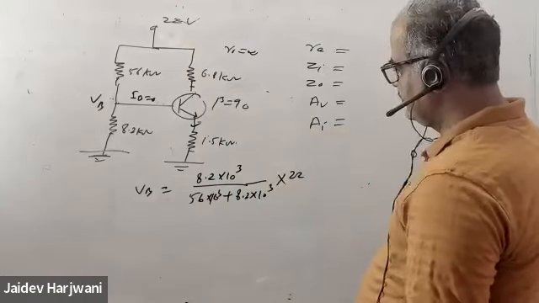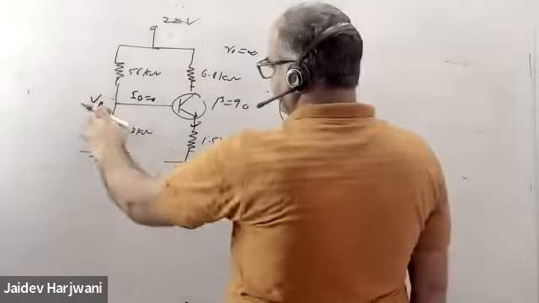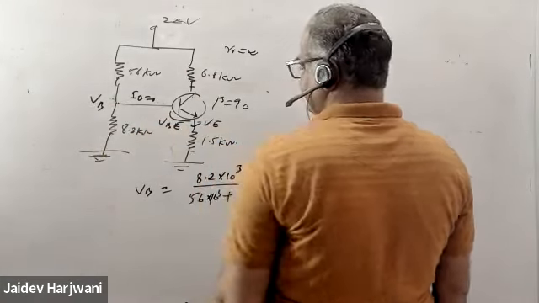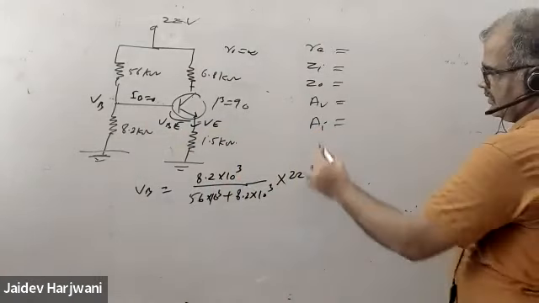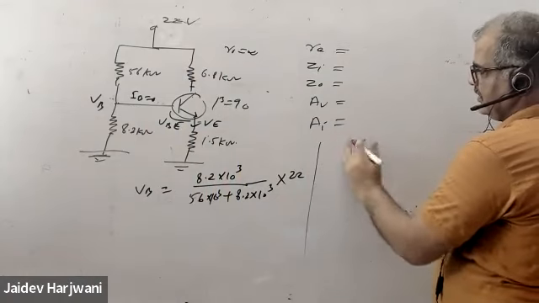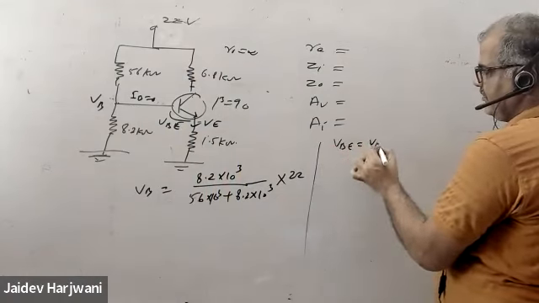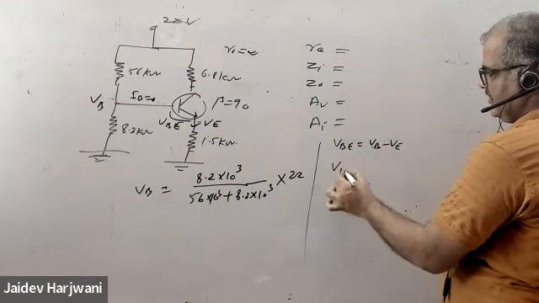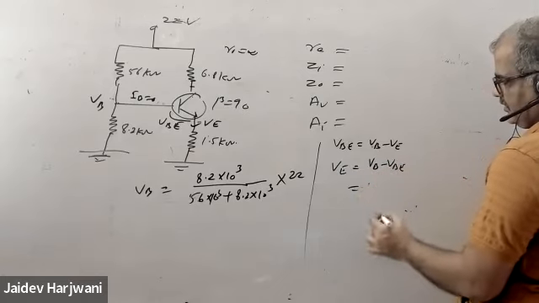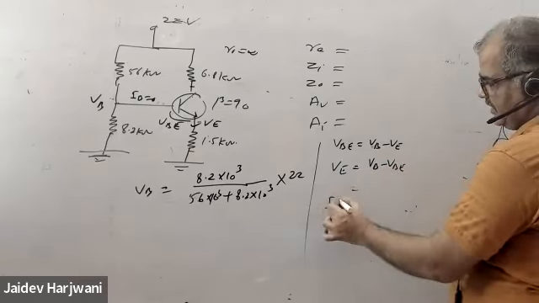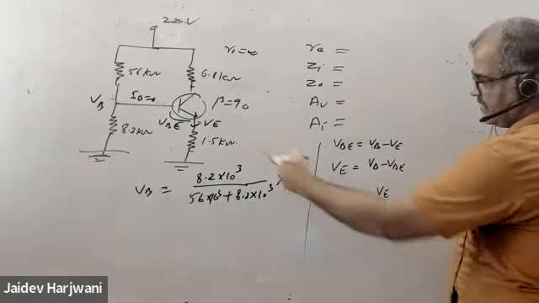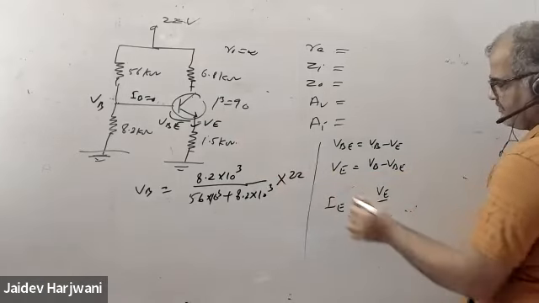Once you know VB, you can find VE. VE is equal to VB minus VBE. Once you know VE, you can calculate IE as VE divided by RE. RE is 1.6 kilo ohm.